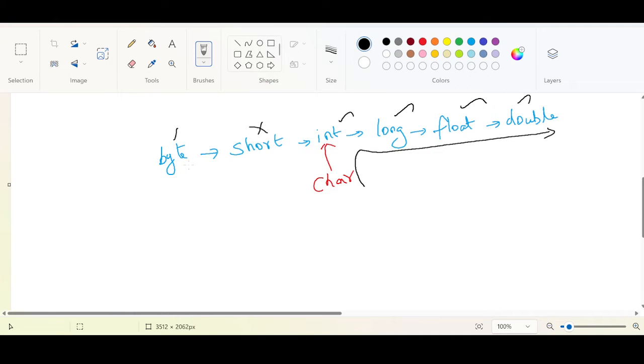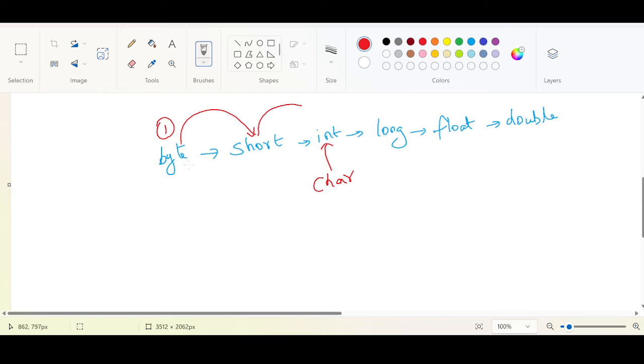Likewise, this is one way of understanding this. If you take byte, byte can be promoted to short, int, long, float, and double, but byte has nothing to do with character. This flow is disabled by Java. Hope you're able to follow me.